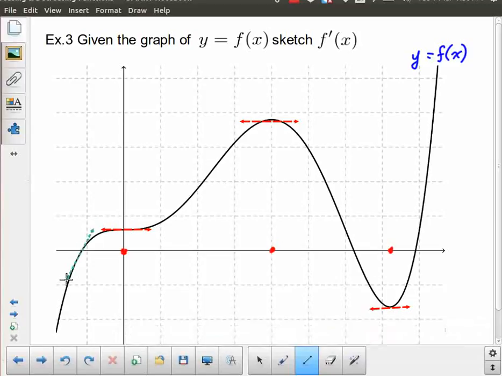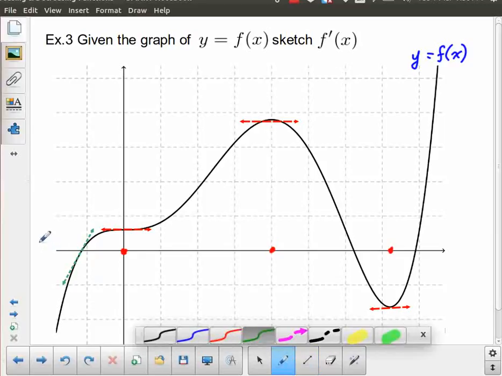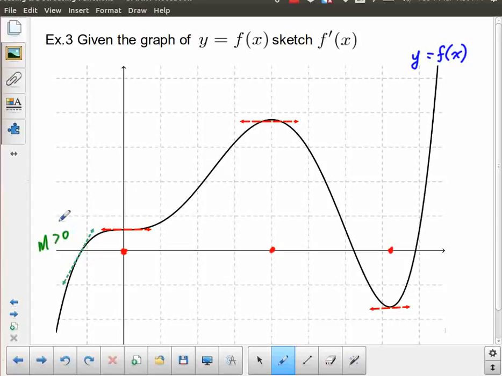That's going to give me slopes that are, well, what can you tell me about that? The slope here is positive. So if I say that this slope is positive, that's another way of saying that f prime of x must be positive. So that means that over here my graph is positive.